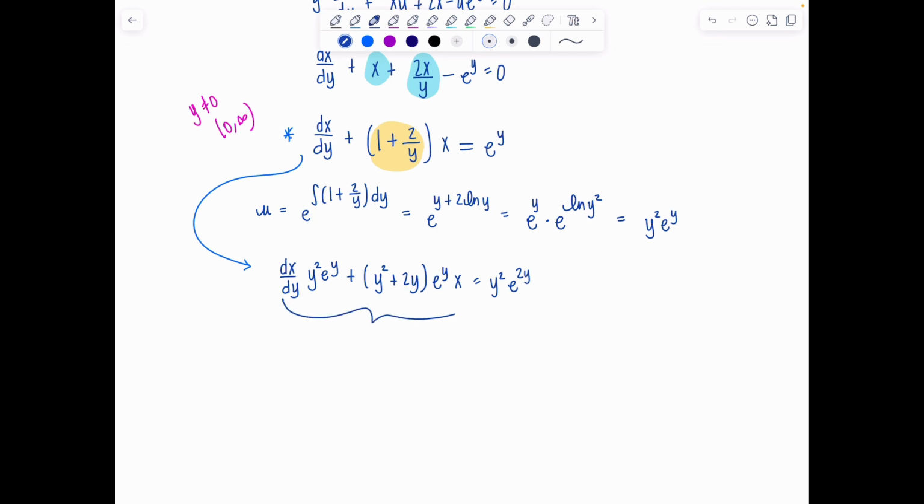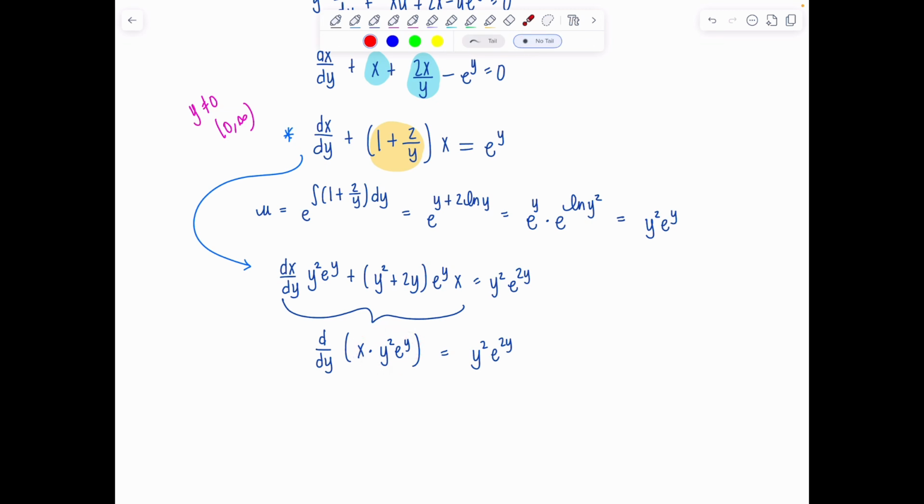All right, good. Now let's verify, is this the derivative with respect to y of my integrating factor times x? So is it x times y squared e to the y? Always check because I've caught many a mistake at this step here.